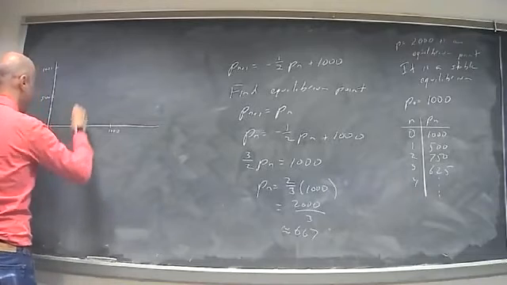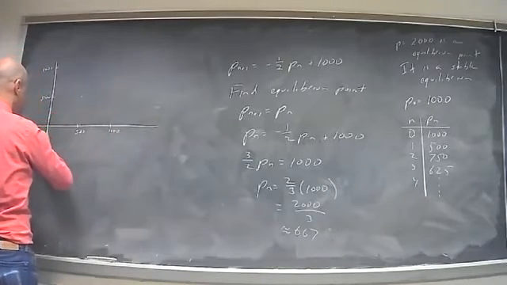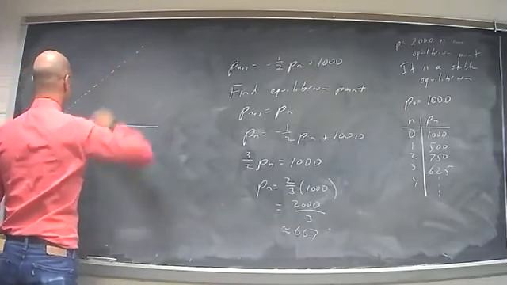And the line y equals x goes through 500, 500. It goes through 1,000, 1,000. I'll just dot that in. Sorry that I can't draw a straight line for the life of me.